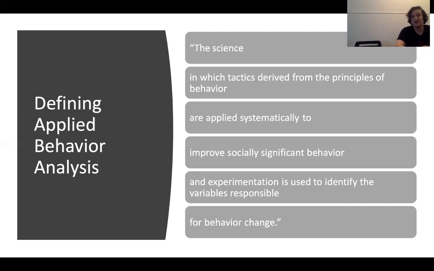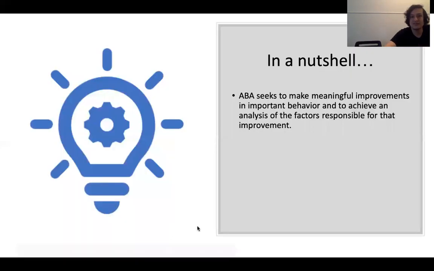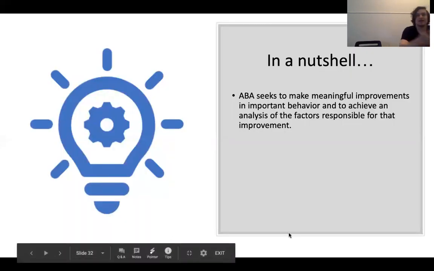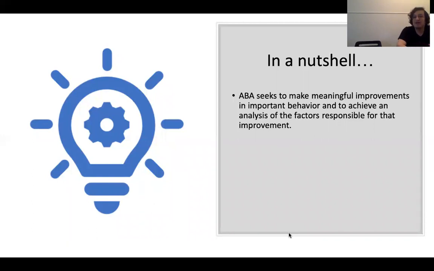It's a focus on producing meaningful change for individuals, all individuals. So remember, in a nutshell, what applied behavior analysis seeks to do is to produce meaningful improvements in the important behaviors of individuals to achieve an analysis of the factors responsible for that improvement.